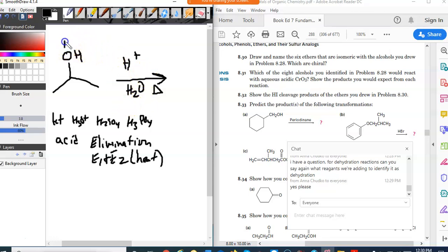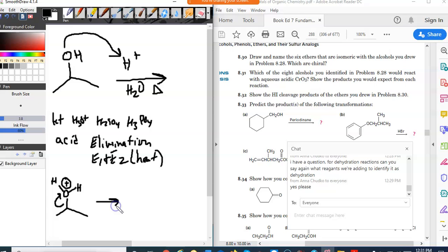So it's dehydration because the first step is protonating your alcohol. That gives you a plus charge, and that's the first step. And then we talked about that water is a good leaving group, so water is going to leave. Also, in this chapter, in alcohols, anytime that acid is used as a reagent, this is the first step: it's always protonating the alcohol.